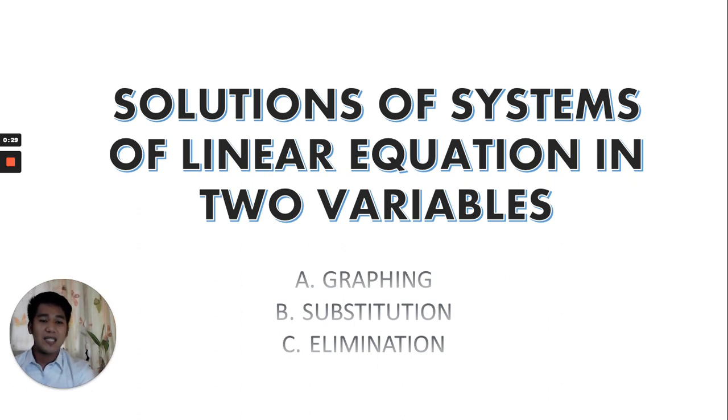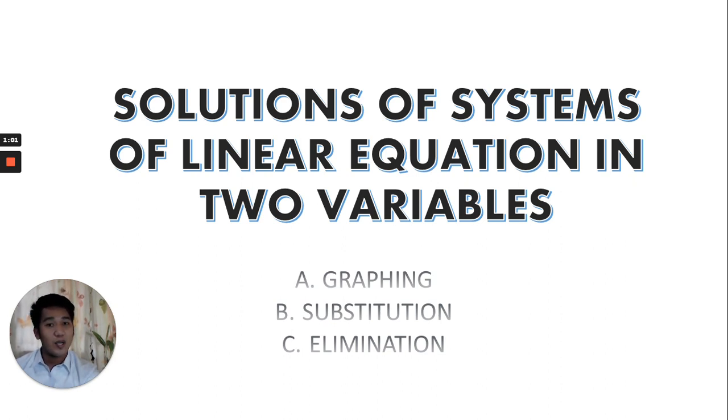Systems means it is composed of two or more linear equations. To solve this, we have three different ways. We can solve systems of linear equations in two variables by graphing. That's the first. Second, through substitution. And lastly, by elimination. We will discuss one by one.